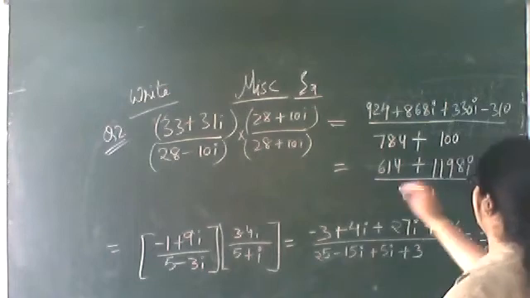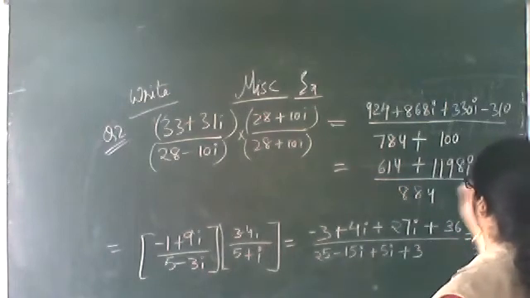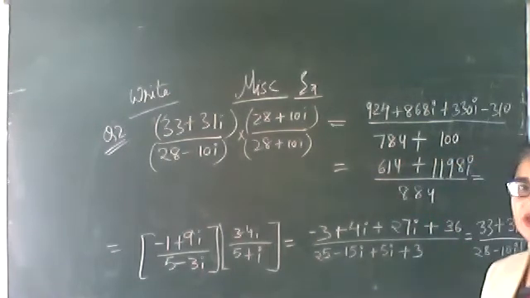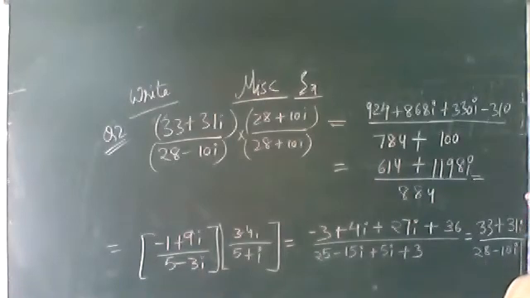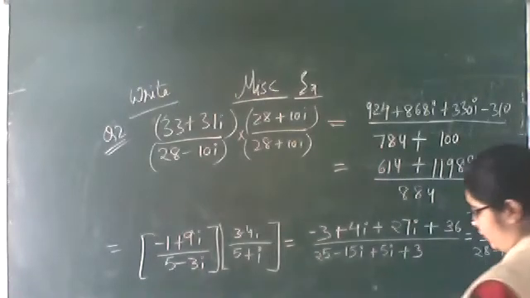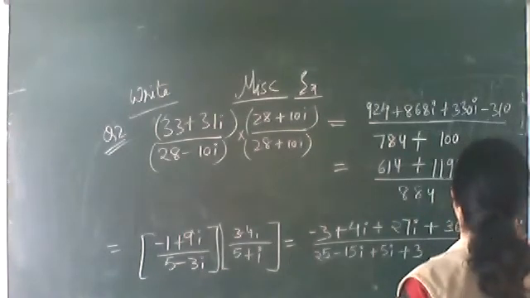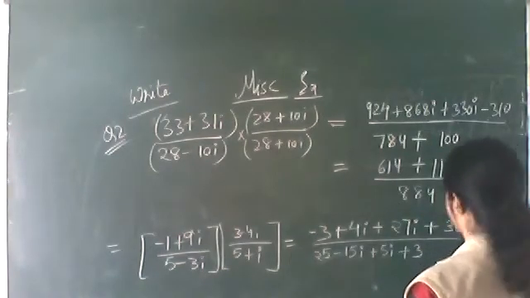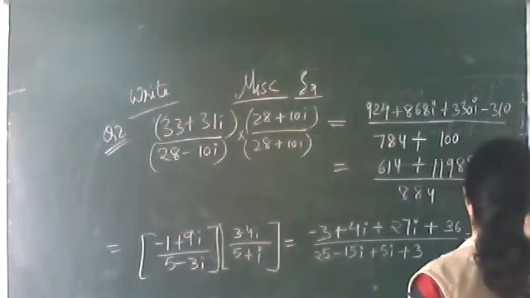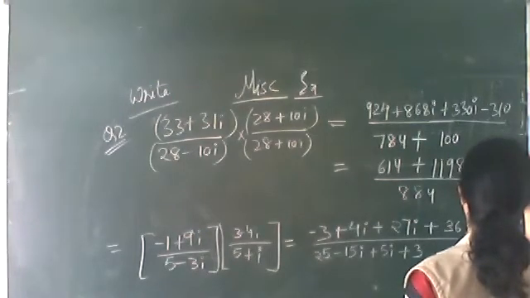Or one more thing you can do, you can divide the whole by 2. The numerator as well as denominator, you can take 2 common. So if you take 2 common, what you will have? 307 plus 599 iota.